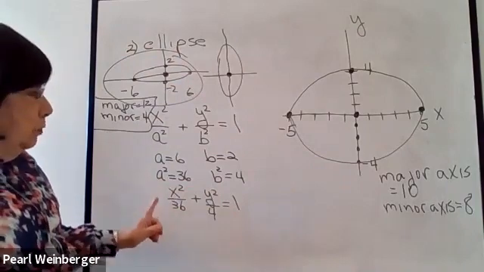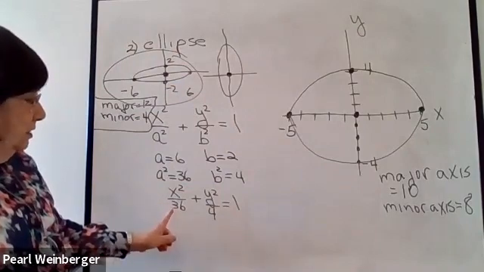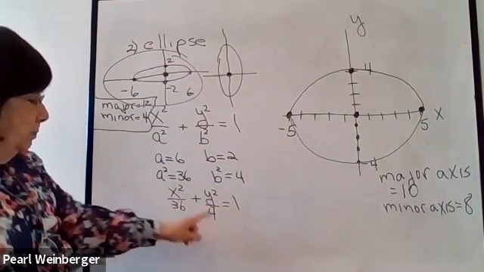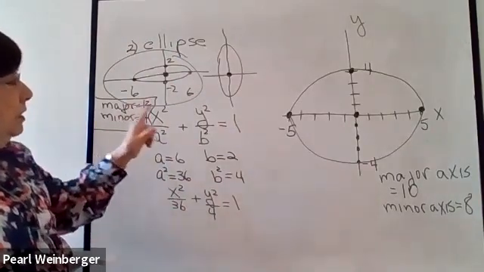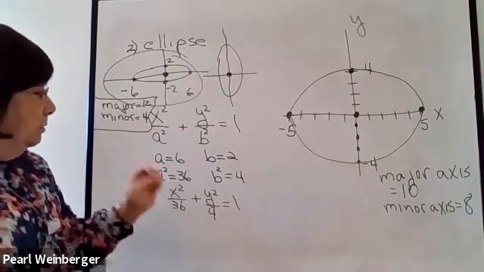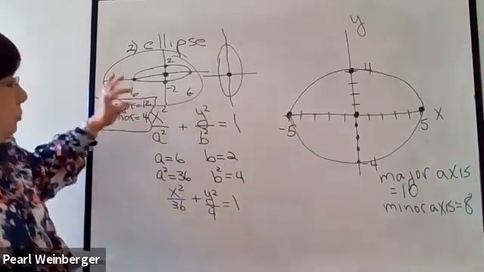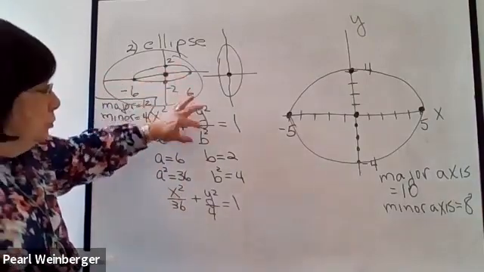Now, what makes the equation different than an equation of a circle is these numbers, these A's and these B's. The A squared and the B squared have to be different numbers. It's going to be x squared over A squared plus y squared over B squared.